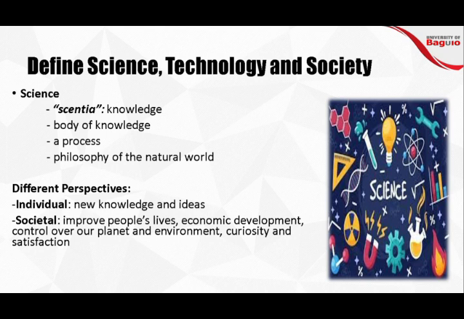So this societal perspective: there are actually a lot of reasons why our society, or a societal group, a social group, is supporting science. Number one, in our own society, we are trying to improve people's lives.